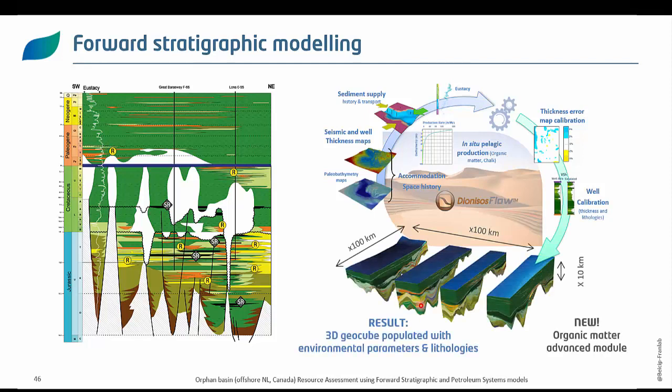Second, to provide a calibrated 3D, 4D geocube fed by various geological properties. Those properties can directly be injected in any geomodel for further geological property analysis, but it can also be directly used for play assessment and geological risk mapping.